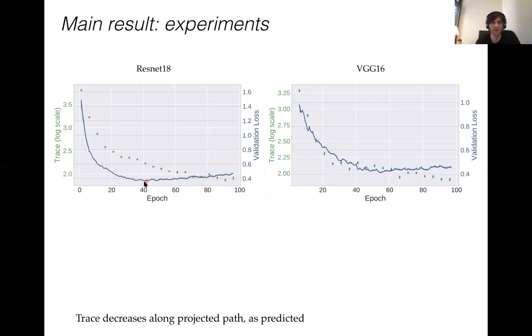But actually the validation loss reaches a minimum somewhere around 40 epochs in this architecture and 50 in this one. And so while the trace of the Hessian makes things flatter in some sense, and maybe has a correlation with generalizing better, it's not perfect. And in fact, even though you decrease the trace of the Hessian, you actually start performing worse.